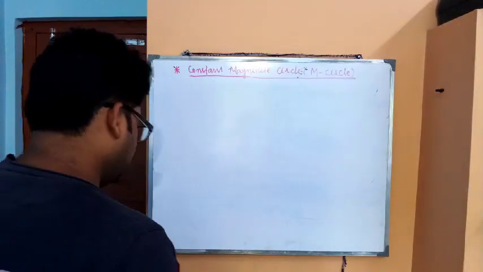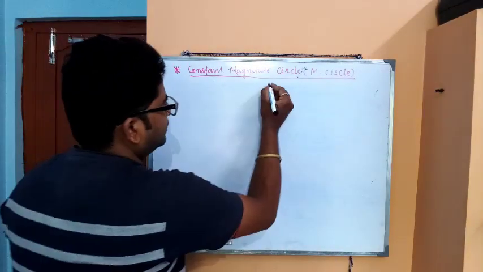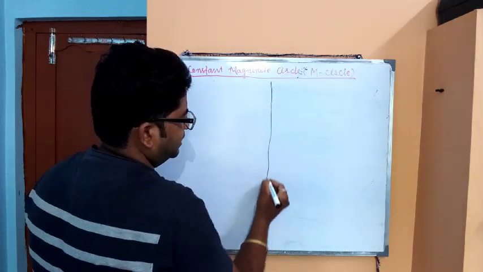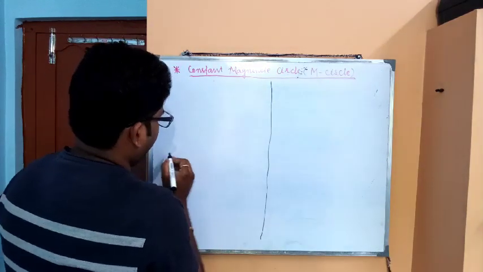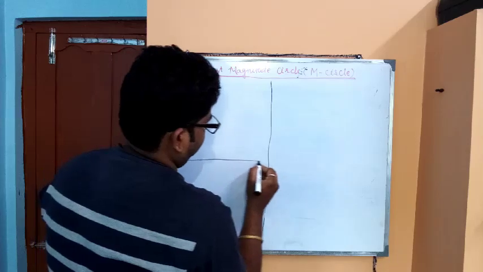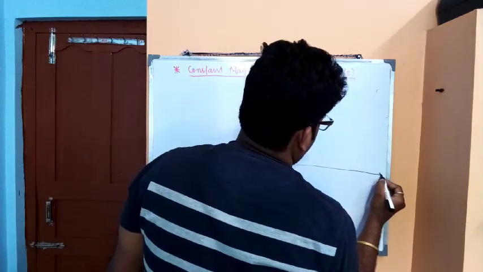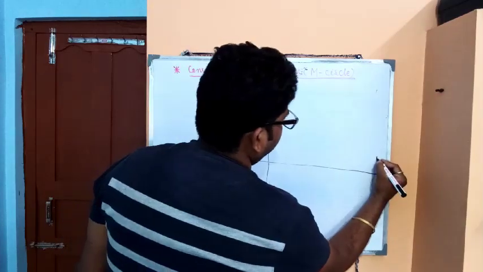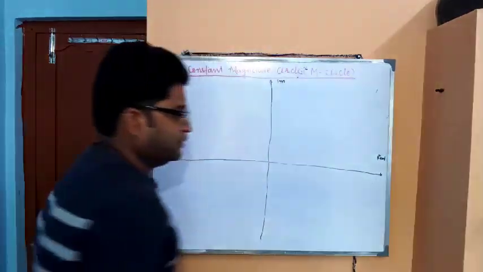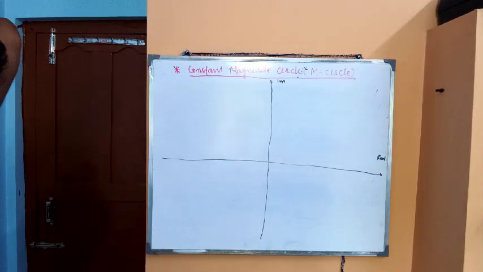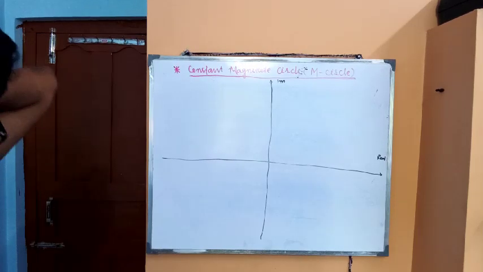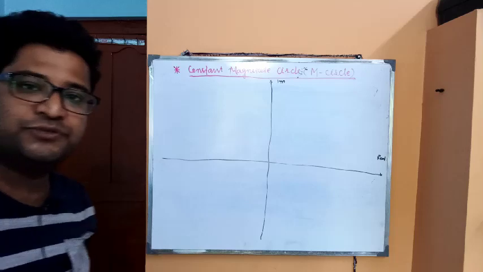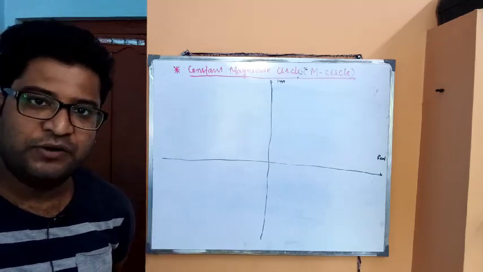Now for drawing the constant M circle, first we draw the S plane or G of j omega plane. This is the imaginary axis and this one is the real axis. Now first we need to draw the straight line for which we have considered the value of M equal to 1.